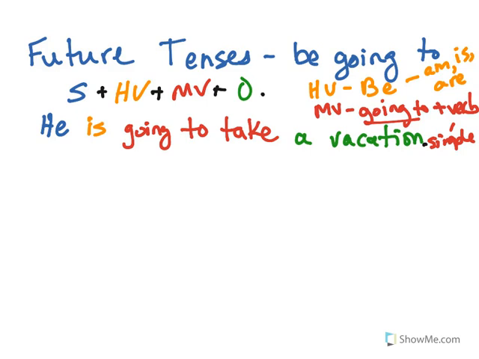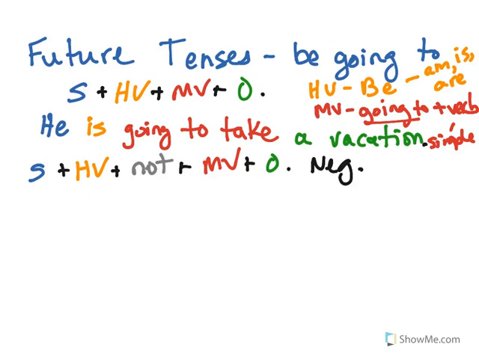If we want to make it a negative sentence, we'll start again with the subject and our helping verb, not, main verb, and an object. So this is to make a negative sentence. And then our sentence is something kind of like this.